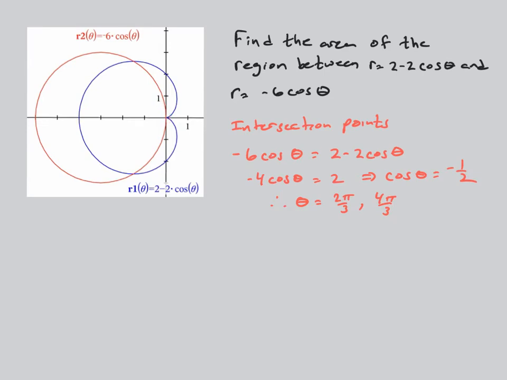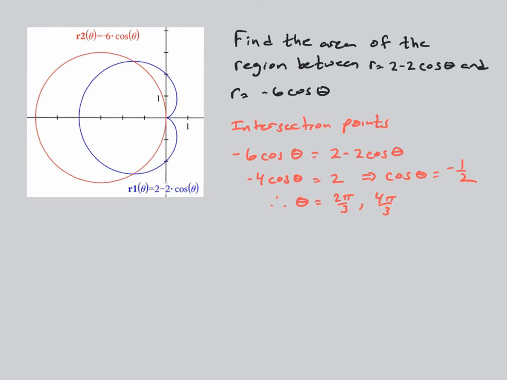Okay, so the first thing we have to do is identify the intersection points. Now this is where it's important for you to graph it. I want you to notice something on this. We have 3 points here that they have together, don't they? When we look at this, it will come out at theta equals 2 pi over 3 and 4 pi over 3.